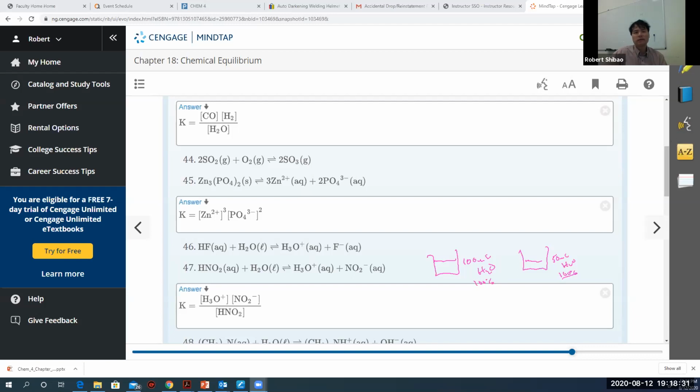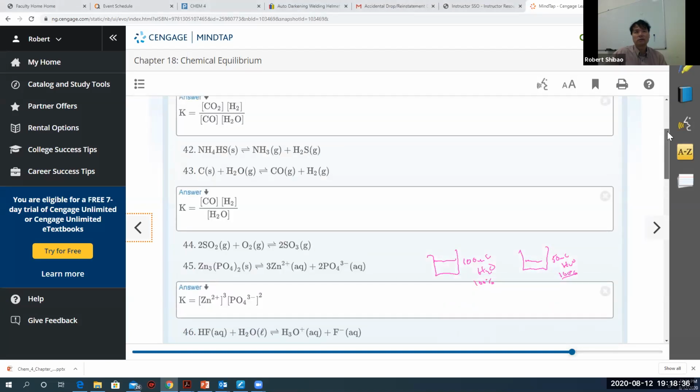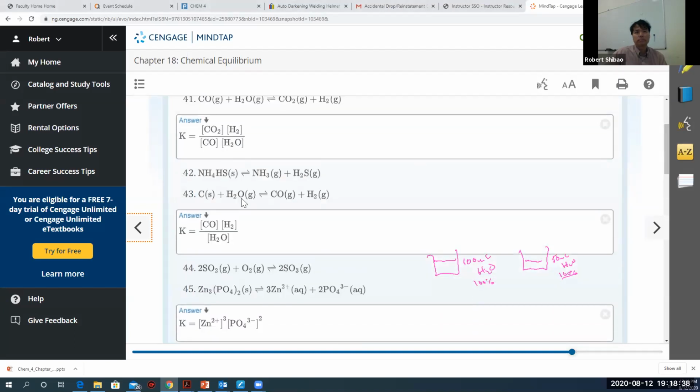This problem above it has H2O in the gas phase. So the key difference is H2O is in the gas phase. If we have a box and the H2O is in this box, it's going to have some molarity.